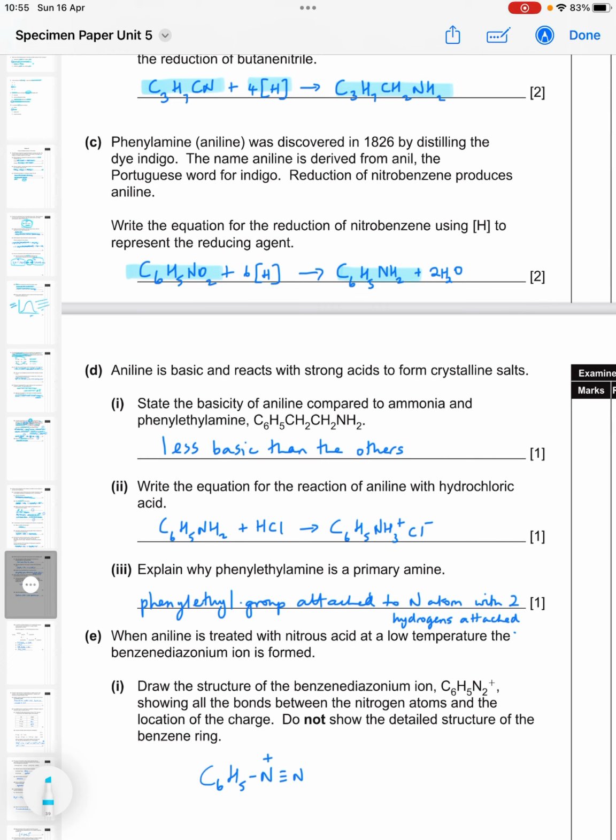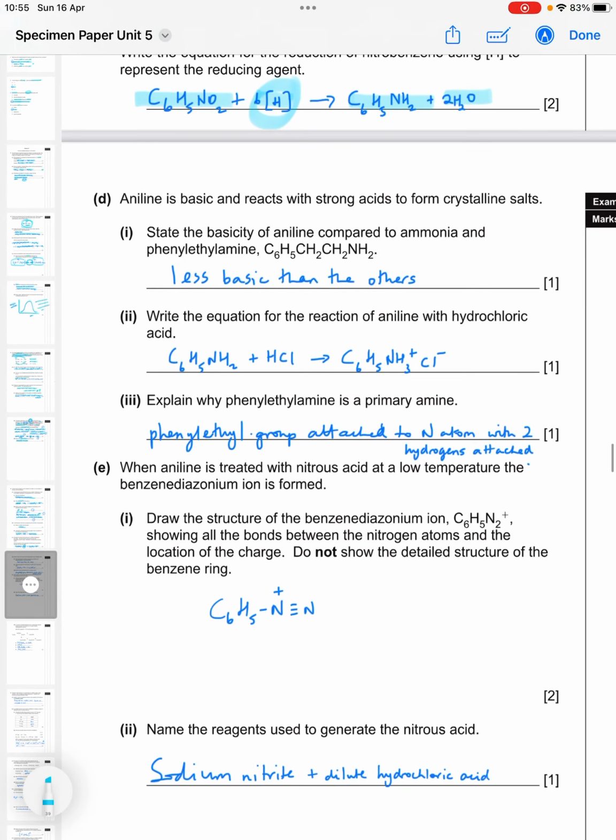We need to add 6 hydrogens to that: first of all 2 to make the NH2, and then to use up the oxygens we need 4 hydrogens to make 2 molecules of water, so it's 6 in total here.